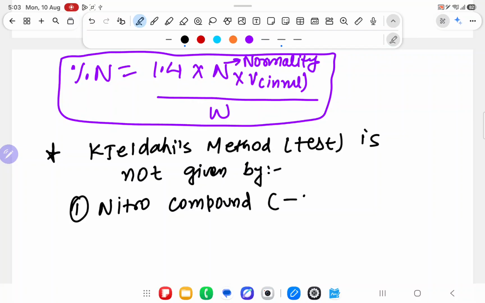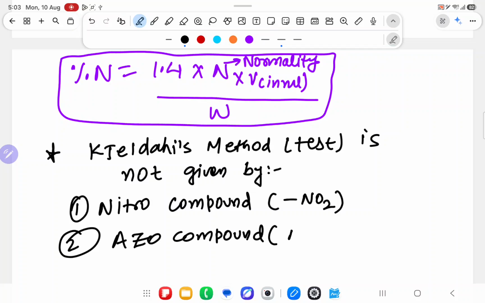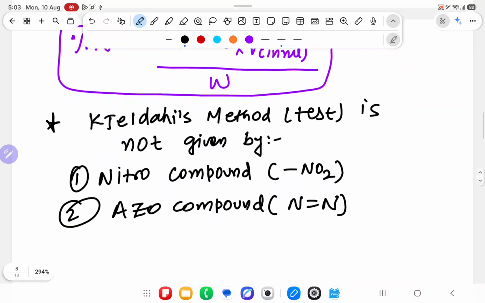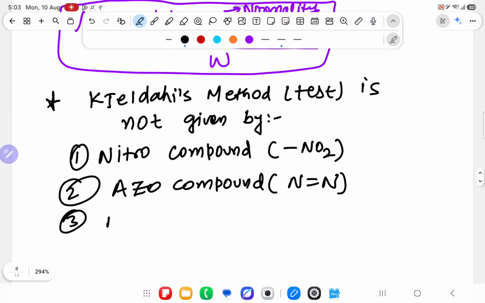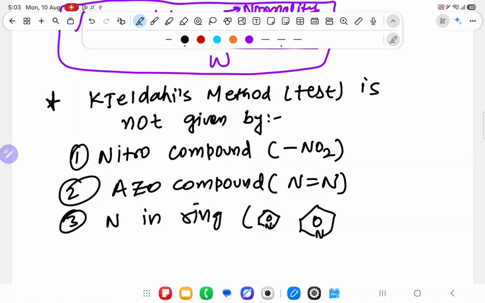Nitro compound means a compound that contains NO2. Second is azo compound, the compound that contains N double bond N. Third is nitrogen in ring, like pyridine and pyrrole. These types of compound will not give the Kjeldahl test. Direct question asking in NEET and JEE, you will have to use it.